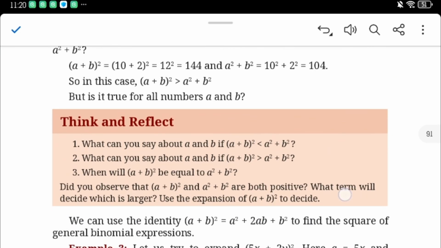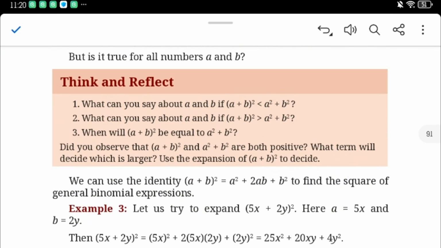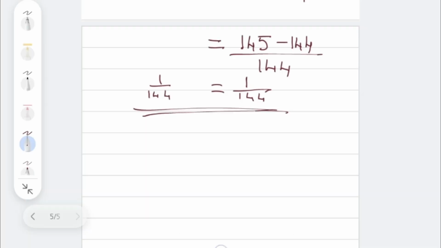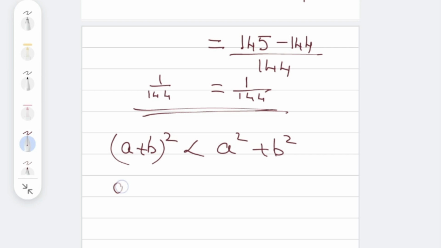Now after this, there is one more thing, think and reflect. Here it says sometimes a plus b whole square is less than a square plus b square, and sometimes a plus b whole square is greater than a square plus b square. He's asking you students to think and reflect on when this happens.